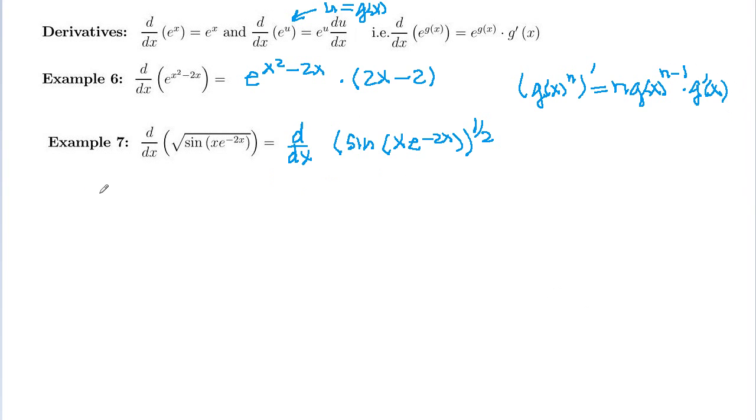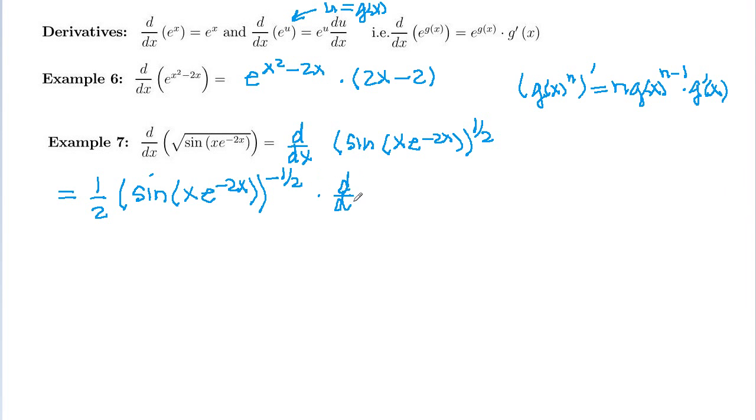So that's what we want to do here. That 1/2 is going to come down in front. The inside stays the same, sine of x e to the negative 2x. Now decrease your exponent: 1/2 minus 1 is negative 1/2.